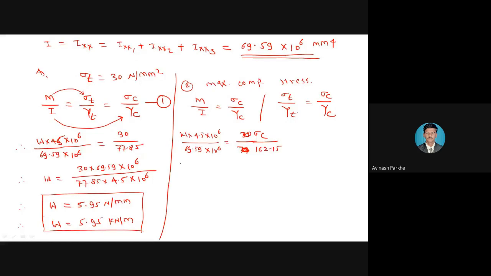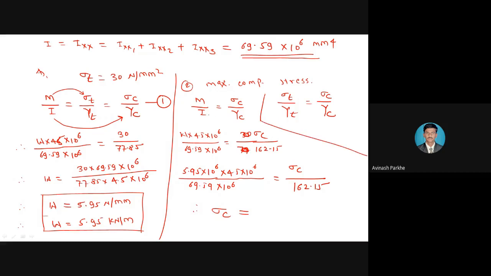So here W value is already calculated, that is 5.95 into 10 raised to 6 into 4.5 into 10 raised to 6 divided by 69.59 into 10 raised to 6 is equal to sigma c divided by 162.15. So you will get the value of sigma c. What is the value of sigma c? Do the calculation.